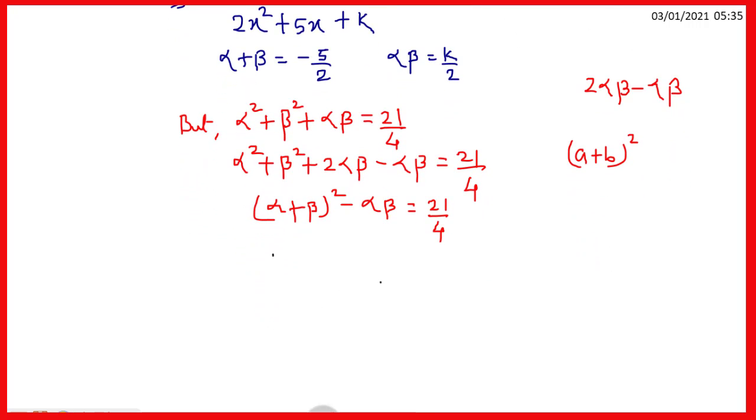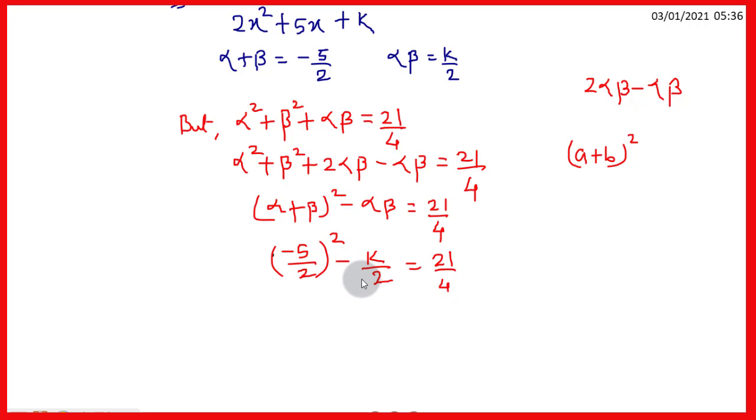So here, alpha plus beta, that is the sum of the roots, is minus 5 upon 2. Minus 5 upon 2 bracket square minus alpha beta, that is the product of the roots, k upon 2, which is equal to 21/4.